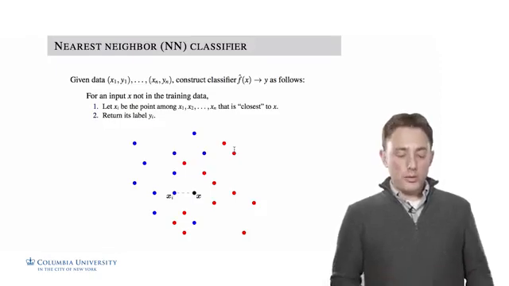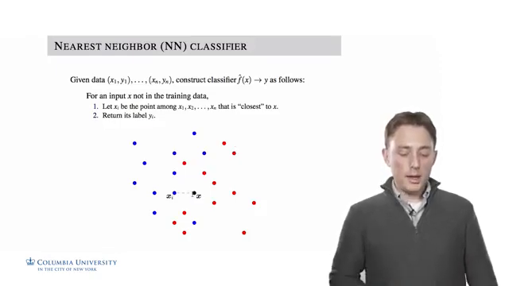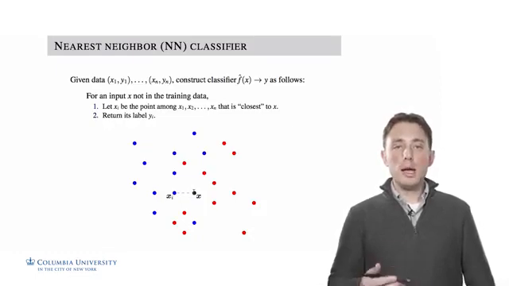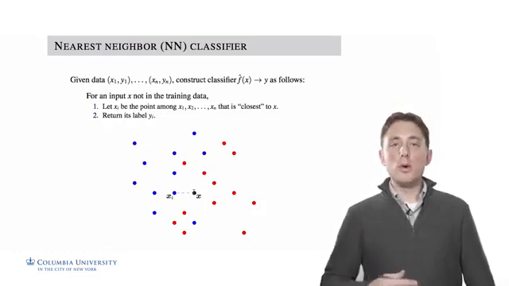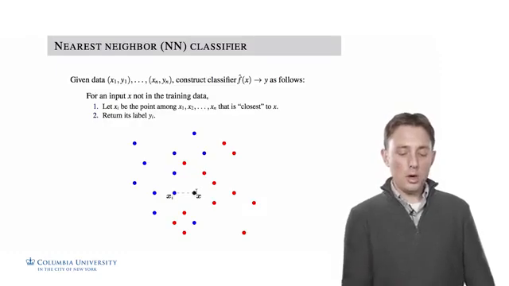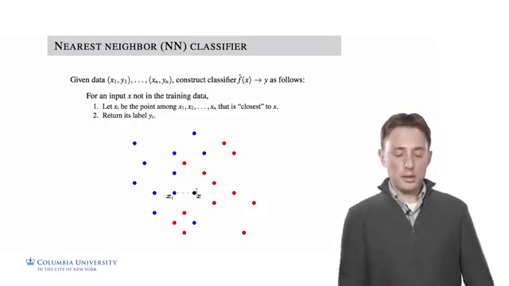And so now our goal is, for a new input point x, a new location, we want to assign that x to one of the two classes, meaning we want to know which color I should color this dot, red or blue.